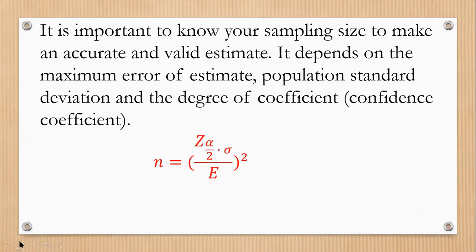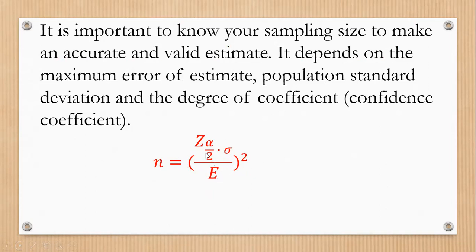Getting your sample size is not just whatever number you want in your sample that will already be your sample. So we have a formula to get the sample size. n is equal to Z alpha over 2, from the table, times the population SD divided by the margin of error, then you need to square that.